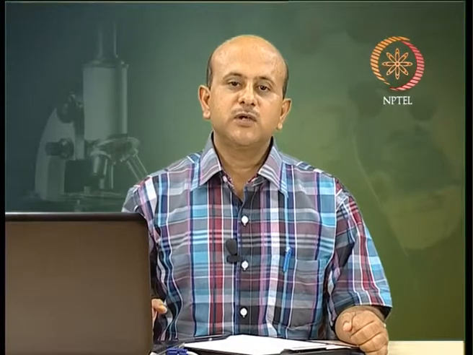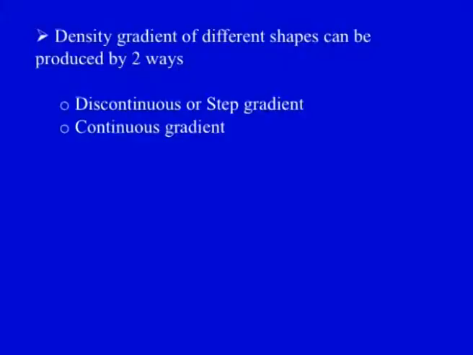The function of the density gradient here is to stabilize the column of liquid in the centrifuge tube, to prevent mixing of the separated particles due to convection currents, and to improve resolution of the separated components by eliminating factors such as mechanical vibrations and thermal gradients. These are very important points which determine the function of density gradients in these methods.